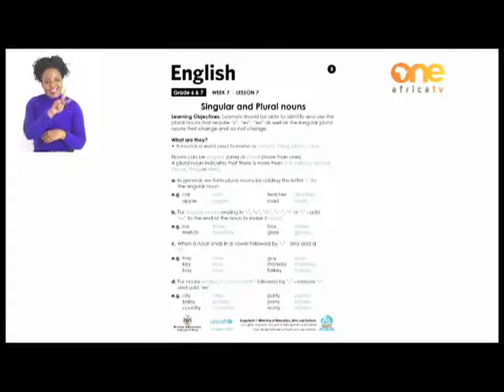For nouns ending in a consonant followed by Y, remove Y and add IES. For example, 1 city, 2 cities, 1 party, 2 parties, 1 baby, 4 babies, 1 pony, 2 ponies, 1 country, 2 countries, worry, worries.